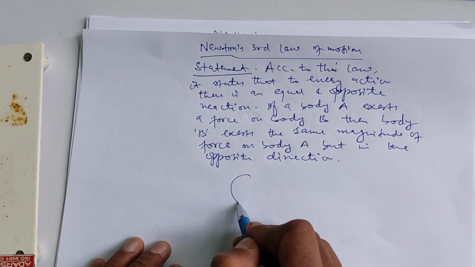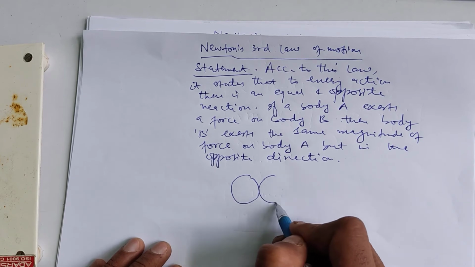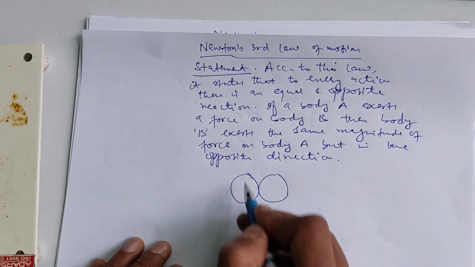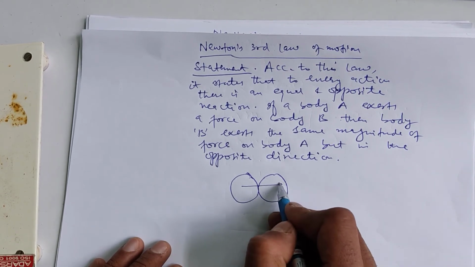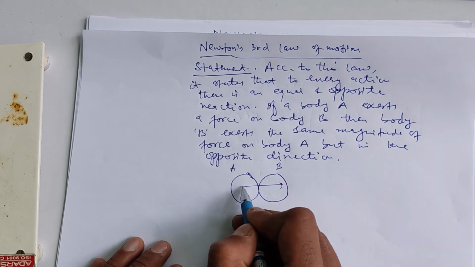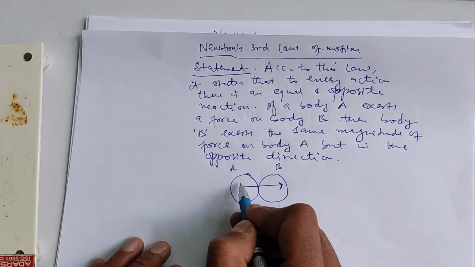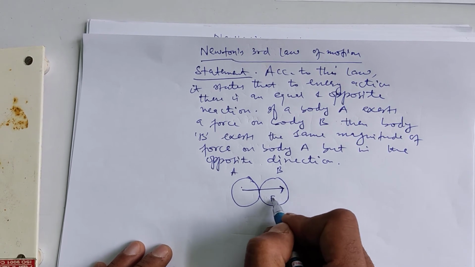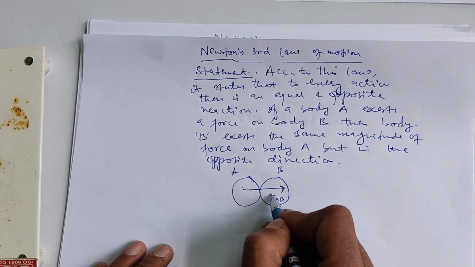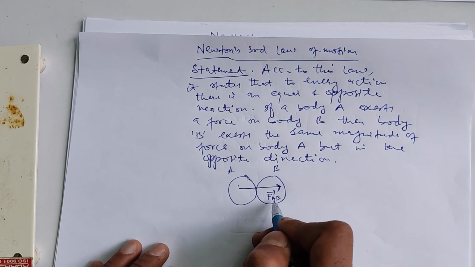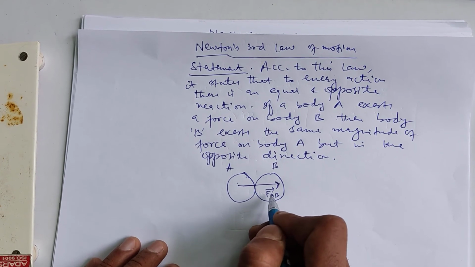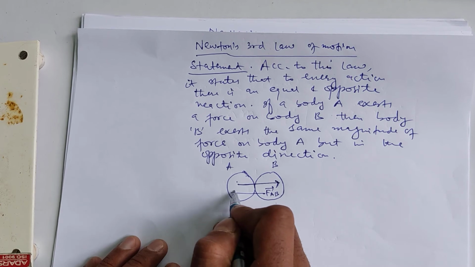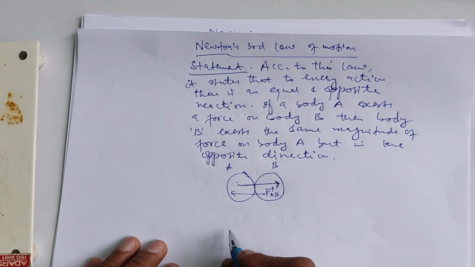For example, let us suppose these two objects collide. When there occurs a collision, body A exerts a force on body B. Now, as per Newton's third law, there will be a reaction, but the reaction will be of the same magnitude but in the opposite direction.